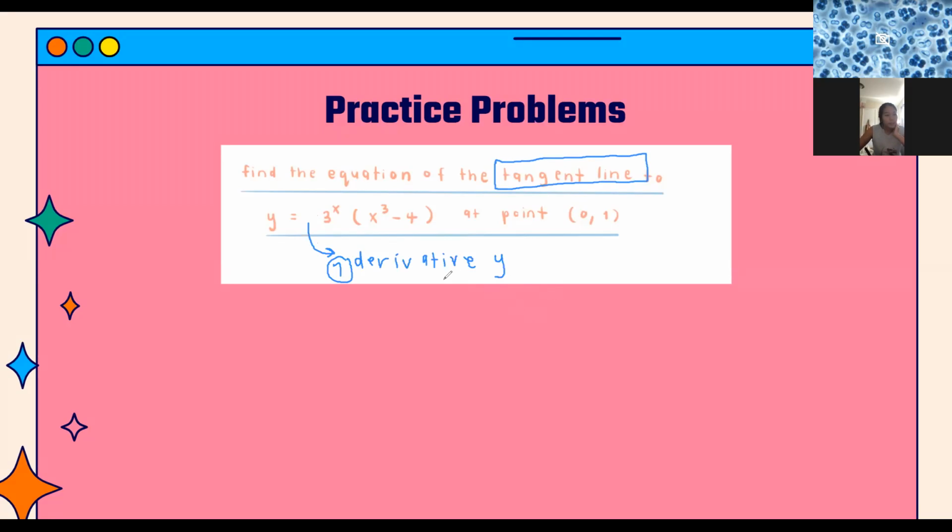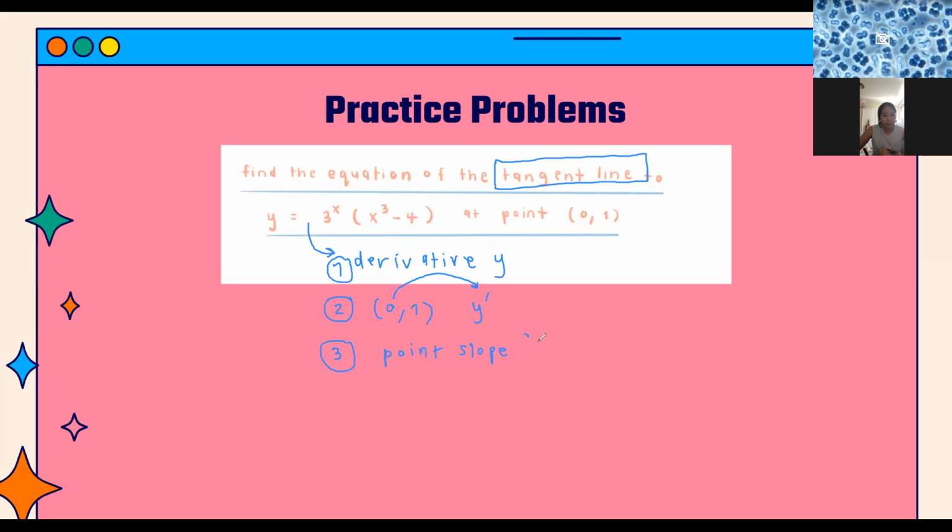Once we get the derivative, we're gonna insert the point 0 and 1 into the equation that's got the derivative. We would put x in, and then we're gonna see what's the result. All right, and then the third step is we're gonna use the point slope form.